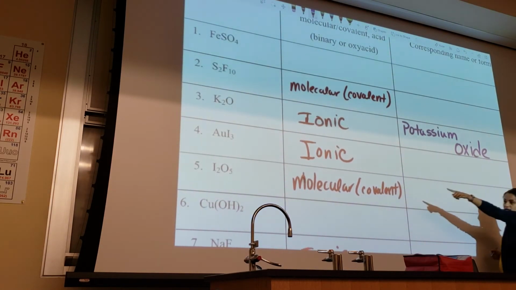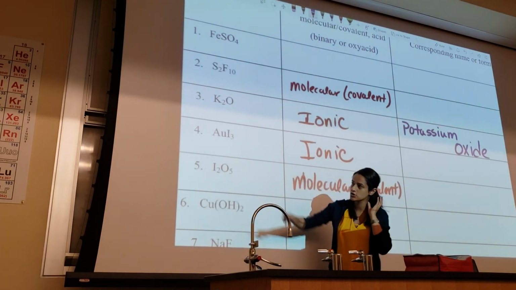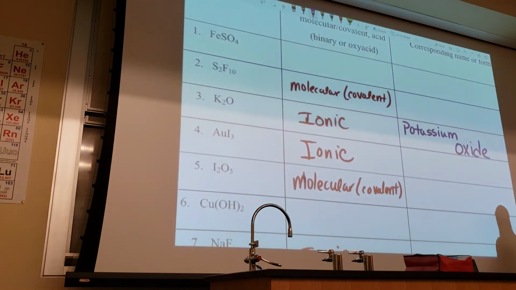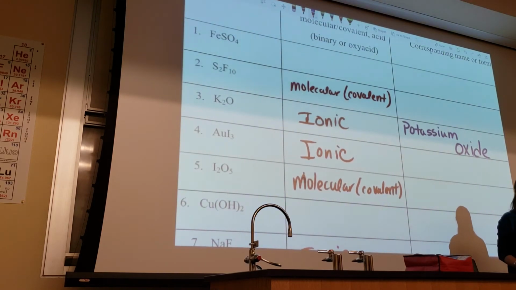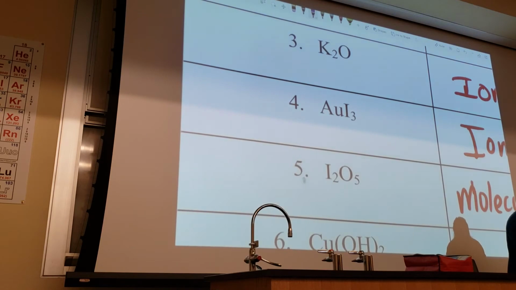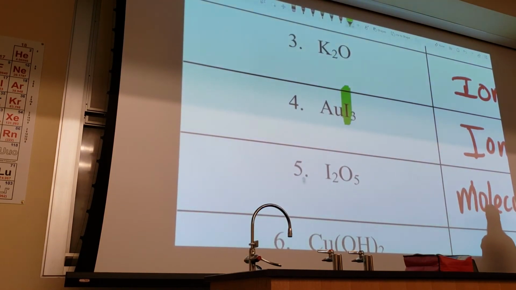Now, looking at this, you have gold. Can you figure out its charge by looking at the periodic table? Does it fall in group 1, 2, or 3? No. So here I have to use Roman numerals to indicate the charge. The way you figure out the charge is to look at its counterpart, iodine. Iodine always wants to be a -1.